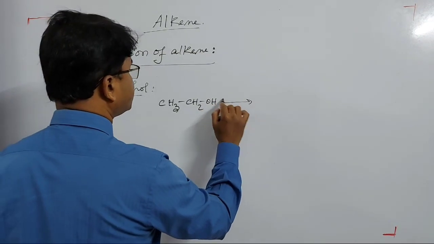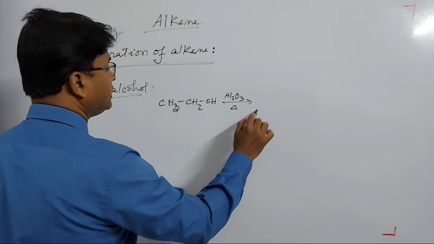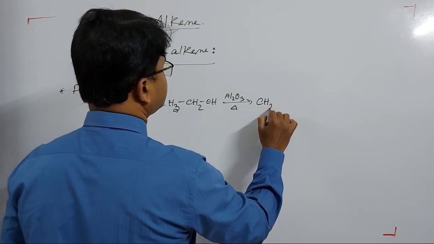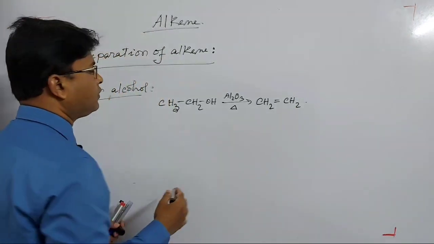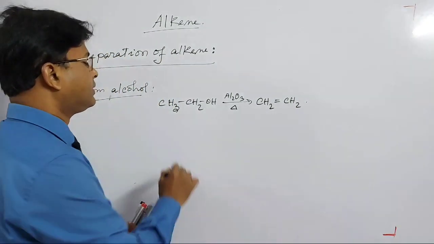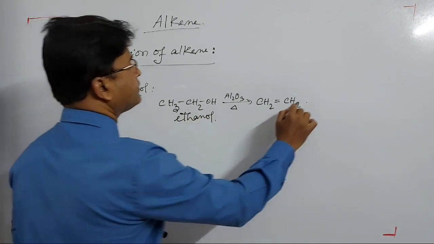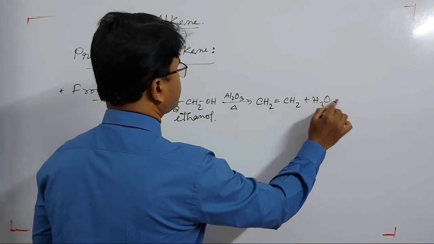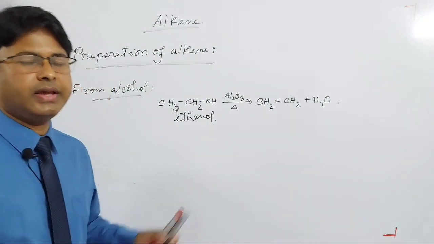Ethanol is heated in the presence of aluminum oxide to produce ethene. Here actually one molecule of water is removed from the ethanol. That's all about the preparation of alkene.